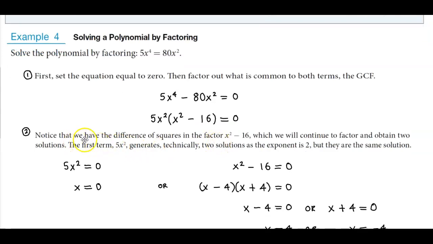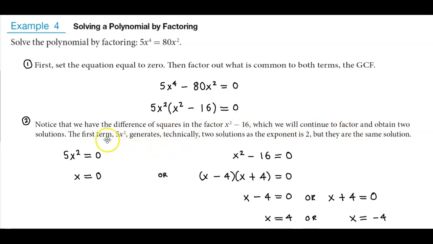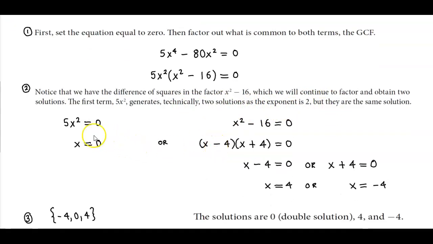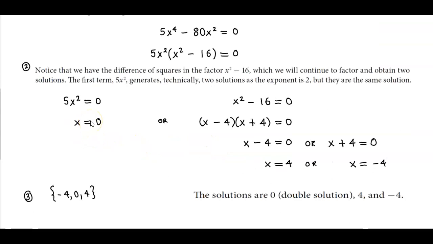Step number 2, notice that we have the difference of squares in the x squared minus 16, which we will continue to factor and obtain 2 solutions. And the first term, 5x squared, generates technically 2 solutions as the exponent is 2, but they are the same solution. So in this case here, we have 5x squared equals 0.